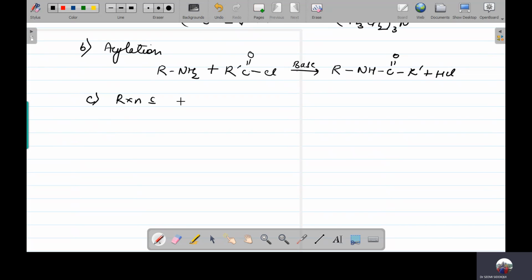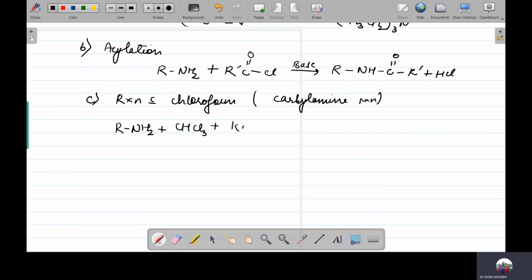reaction with chloroform. This reaction with chloroform is a named reaction called the carbylamine reaction. Now in the case of carbylamine reaction, we take an amine plus chloroform plus alcoholic KOH.